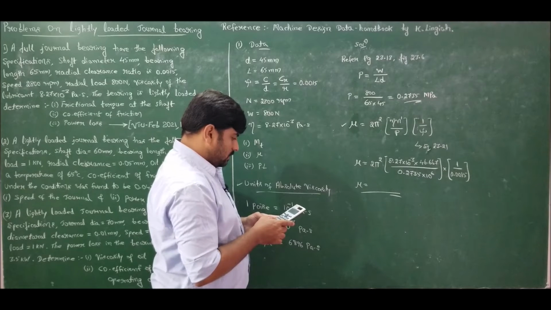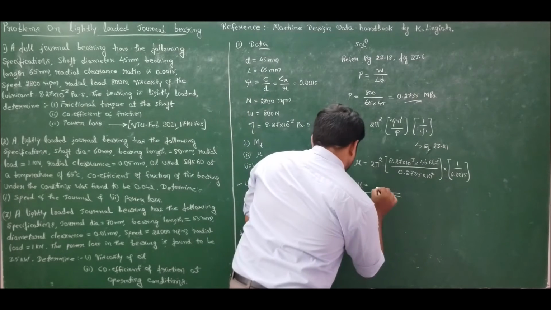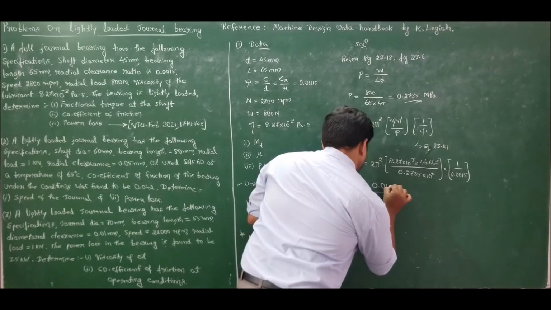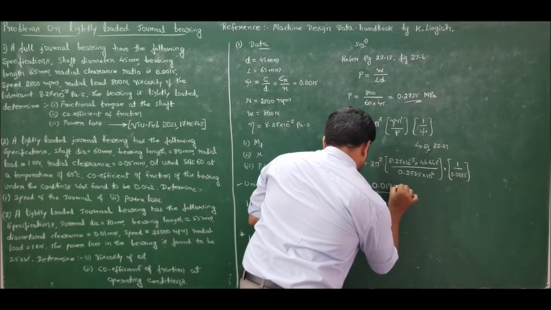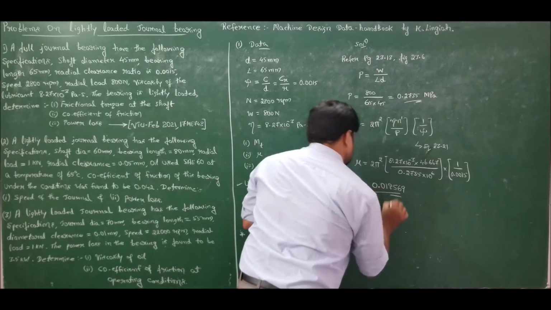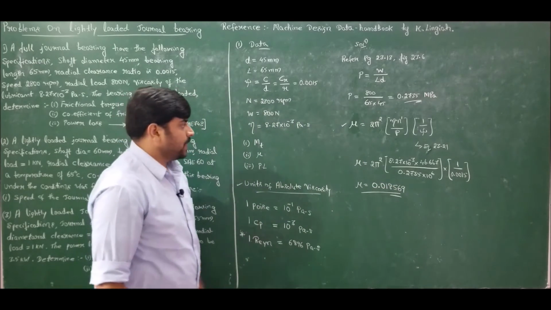Xi is 0.0015. So I'll get the answer as coefficient of friction equal to 0.018569.